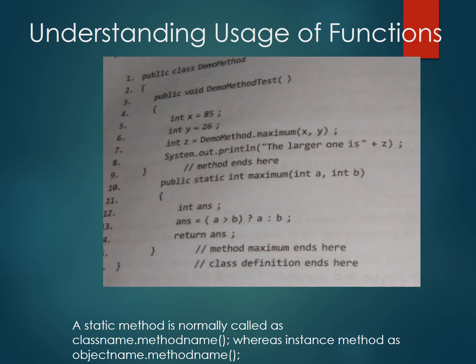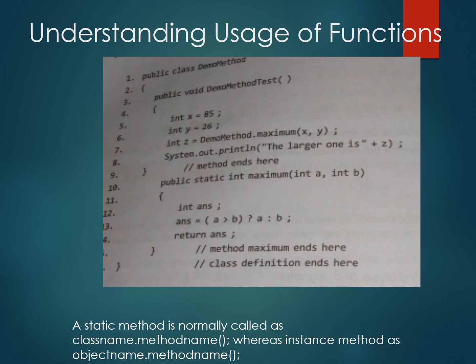Now here in this example you can see that DemoMethod is the name of the class. It consists of two methods, demoMethodTest and the other method is maximum. Means the DemoMethod class has two methods defined in it.